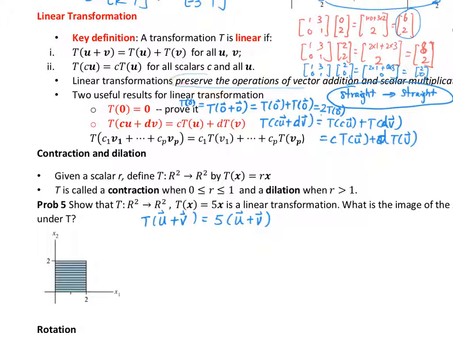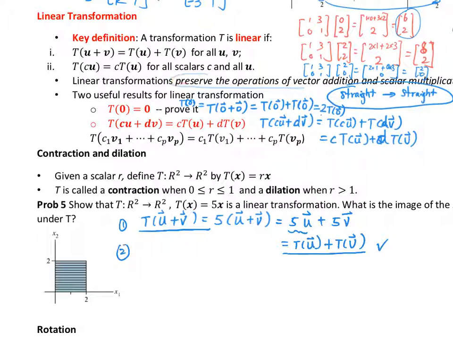Now I can, according to the vector operation, distribute this 5. And this is T of u, because T of u is 5 times u, and similarly this is T of v. Do you see that T of u plus v is equal to T of u plus T of v? So we showed the first property.